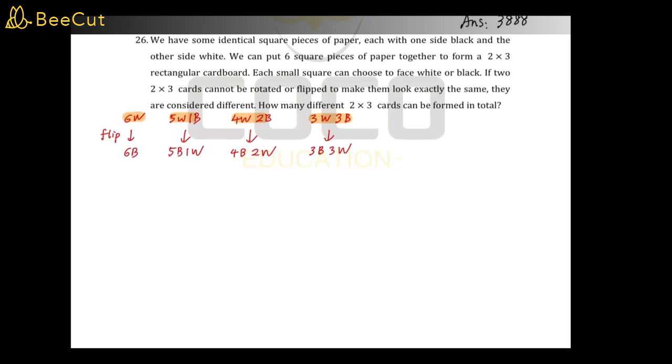Now let's start from the easiest case, which is 6 white. So 6 white, there's only one way. If it's 5 white, 1 black, so we check the position of the white, position of the black.